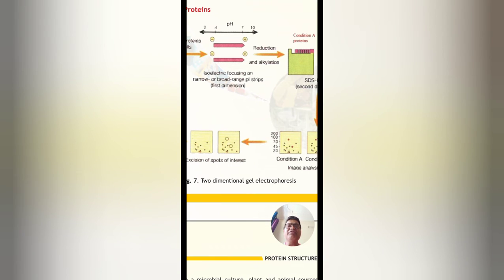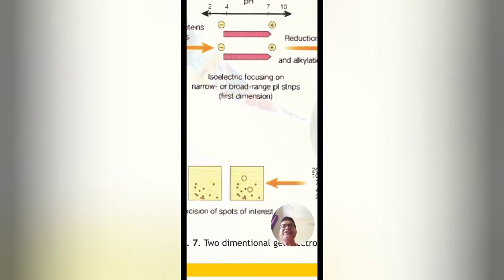The second question coming to our mind: what is the basic principle of 2D gel electrophoresis? So the first basic principle is isoelectric focusing.